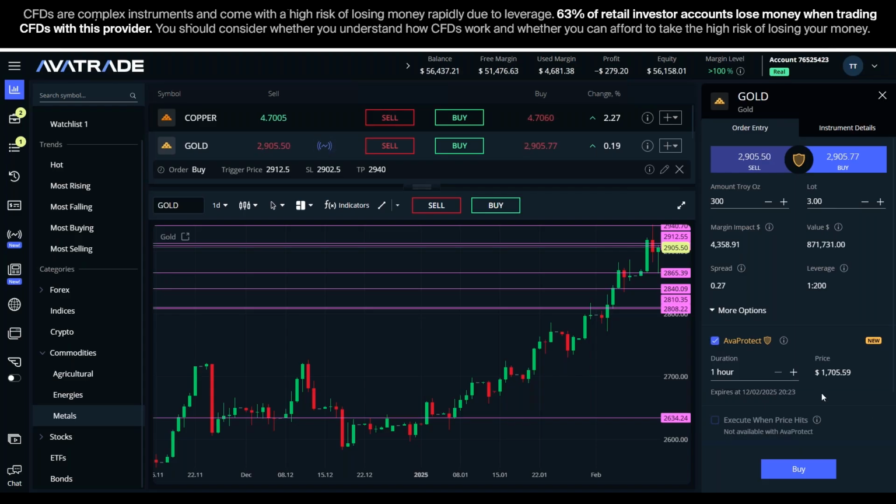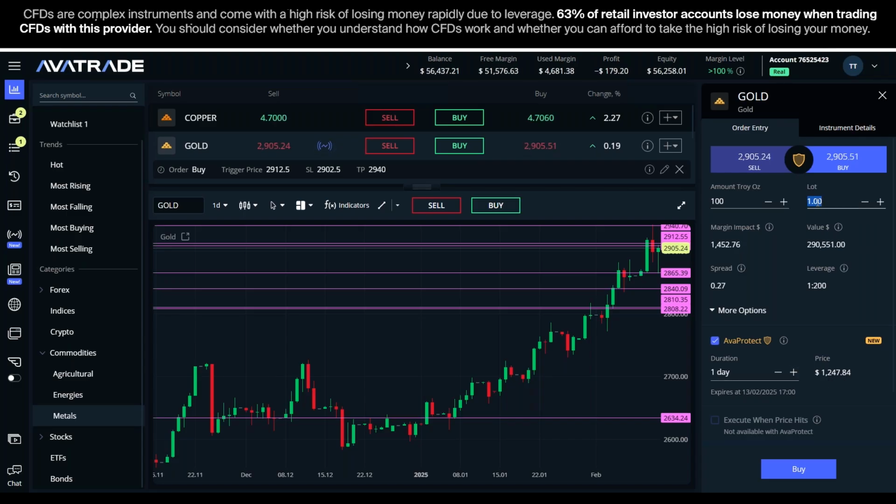So if you say, wow, there's a lot of volatility, it easily could go one way before it goes the other. And let's say you think gold should go up towards the all-time high, but you're afraid it could spike down before it goes up, then you can simply put AvaProtect. If I do one lot trade and I want to protect for 1 day to get through all the volatility, okay, that costs me about $1,200.